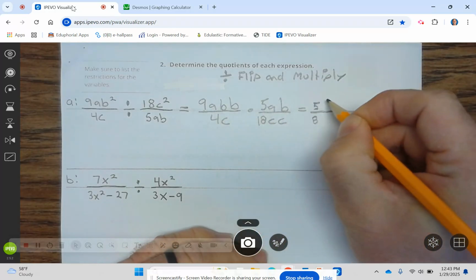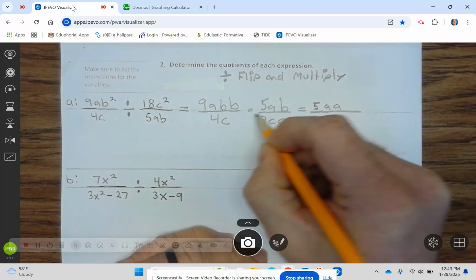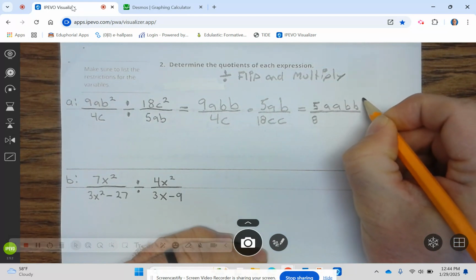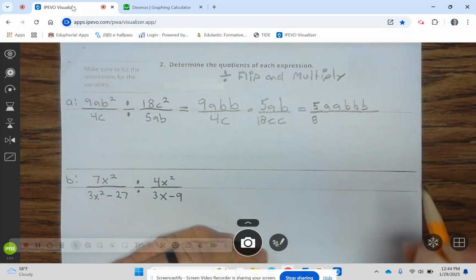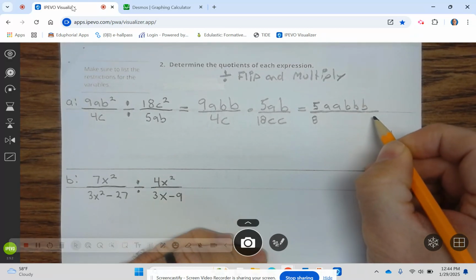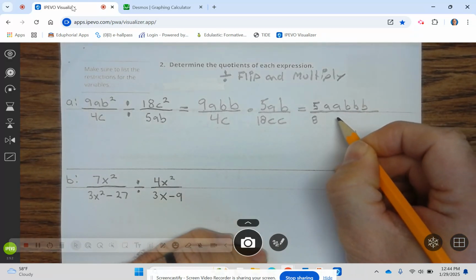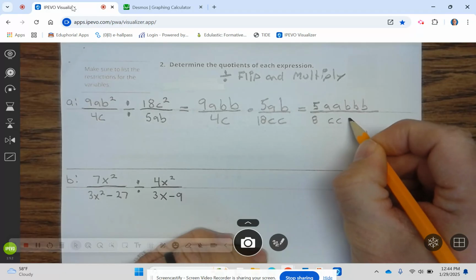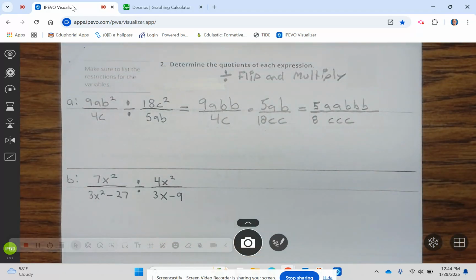Now we have 2 A's, 3 B's in the numerator, and then we have 3 C's in the denominator.